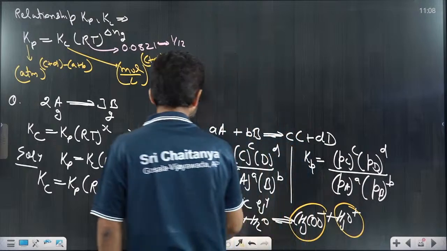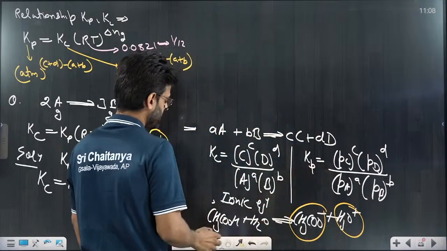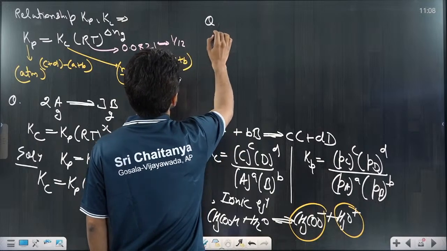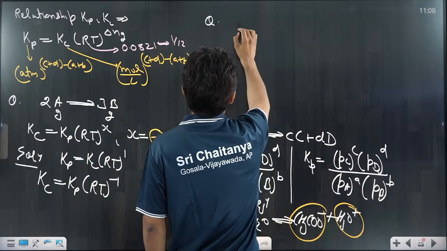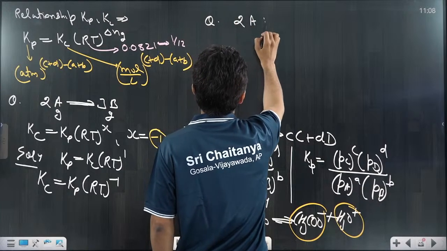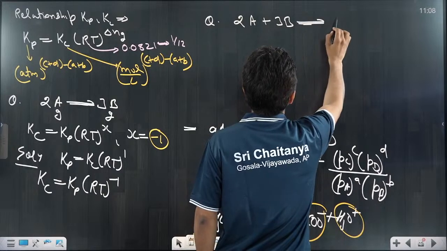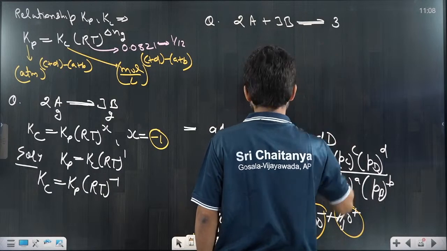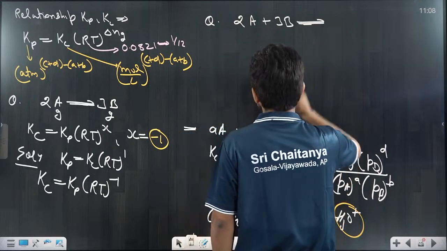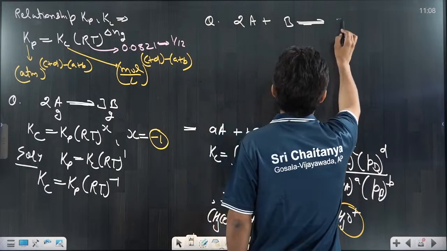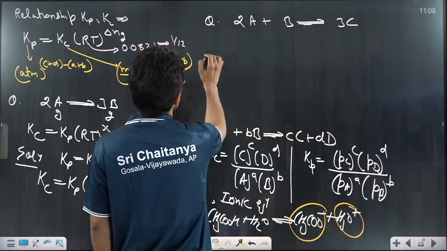Next thing, I will take a small example here for one question of Kc. Imagine we have 2A and here we have 3B, and I am taking B here, right? And here we have 3C times 0.